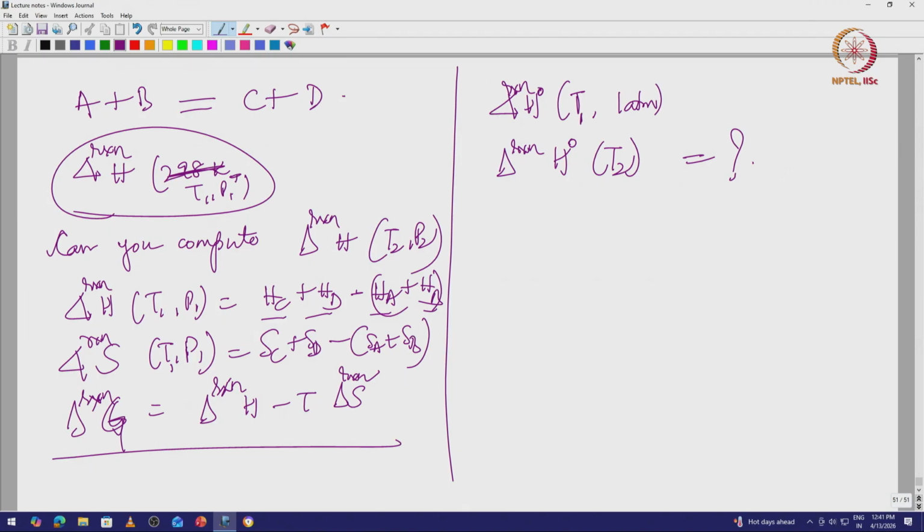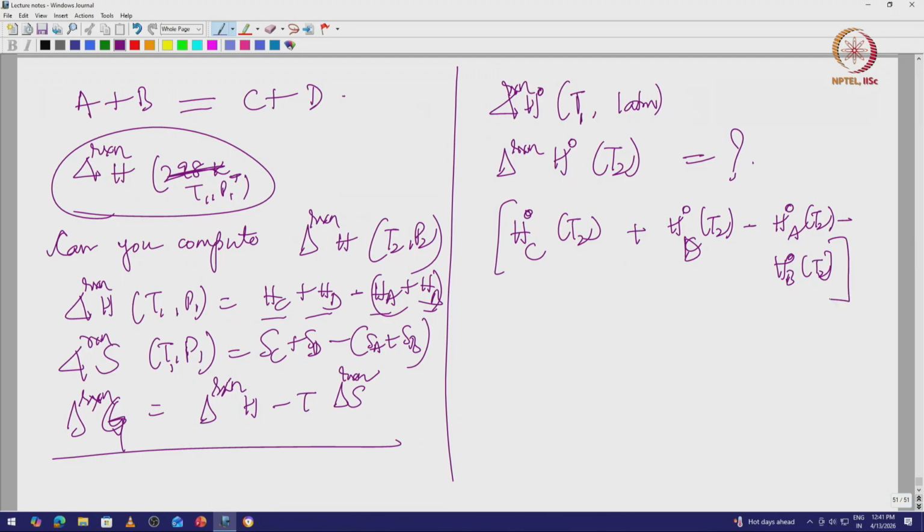So I am going to say H naught C at T2 plus H naught D at T2 minus H naught A at T2 minus H naught B at T2, right. This is the delta H reaction at T2, right, minus H naught C at T1 plus H naught D at T1 minus H naught A at T1 minus H naught B at T1. This is what I need to compute, right.